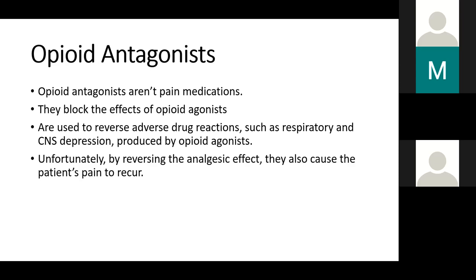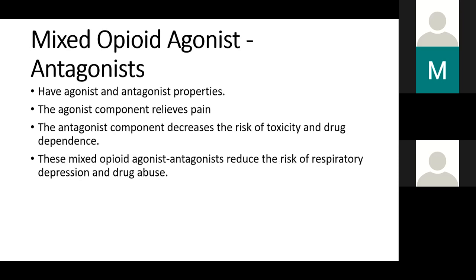Once you give your antagonists, you're also reversing the pain effects, or the analgesic effect of the pethidine. So the patient's pain will recur. So that's the downside of giving an opioid antagonist.